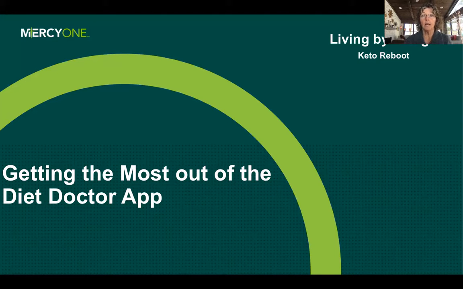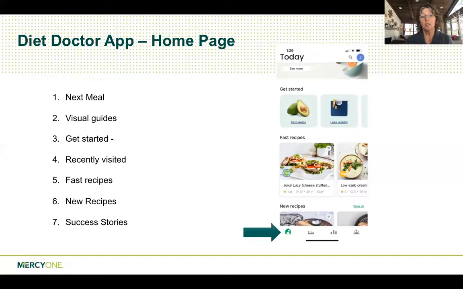This is included in the Plus membership with Diet Doctor, and it's your same login information as you use to get to the website. So the first thing is this bottom button down here. That's your home page, and again, it's similar to the home page on the website in that they have quick areas for some of the places people like to visit the most. If you are currently on one of their meal plans, it'll have your next meal listed.